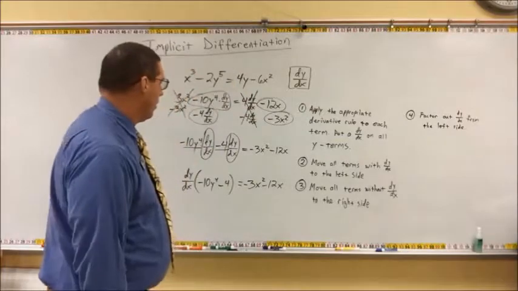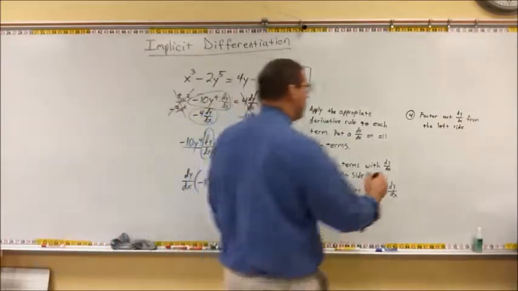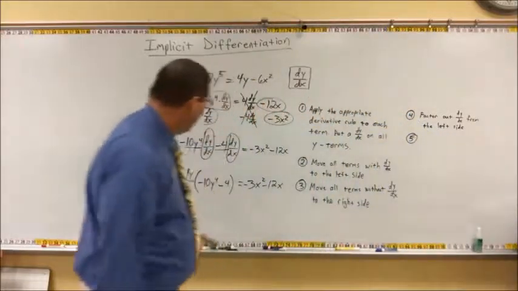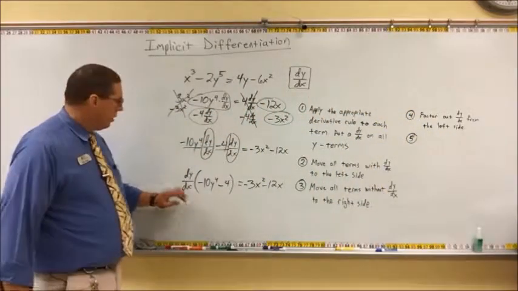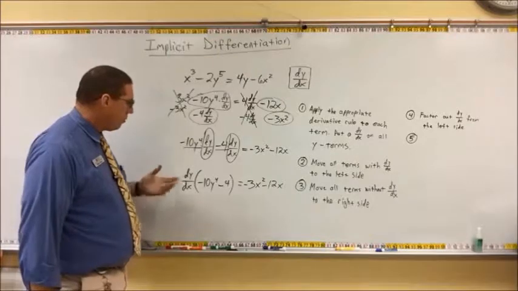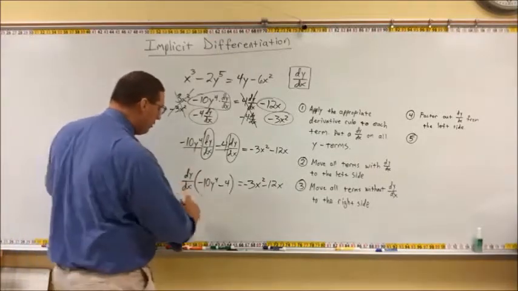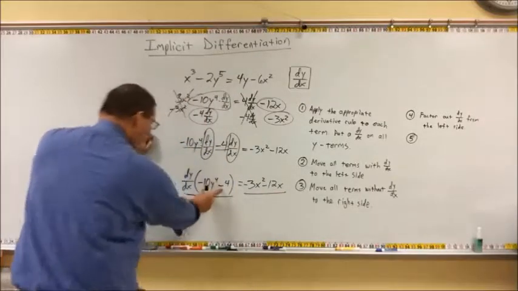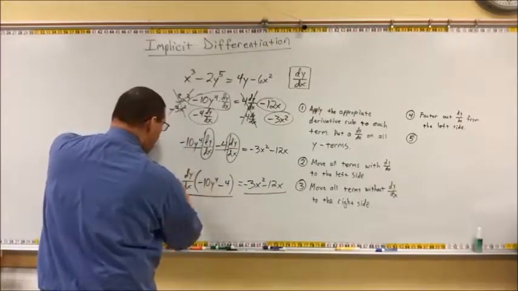Okay? Last step, step 5. Use division to isolate dy/dx, which basically means we're going to divide on both sides. We're going to divide on both sides by what's being multiplied by dy/dx.